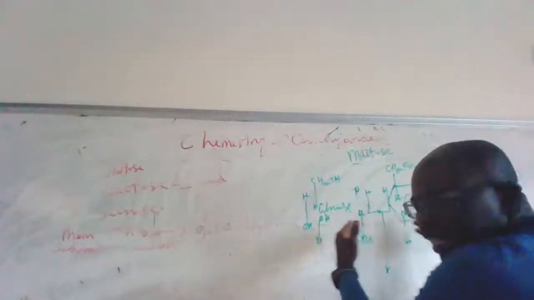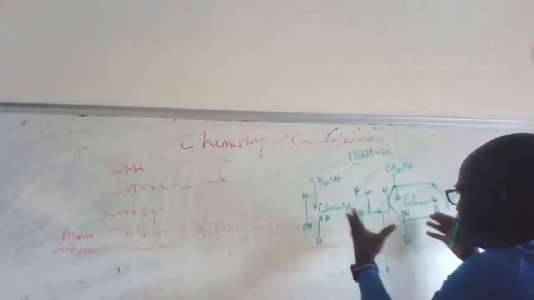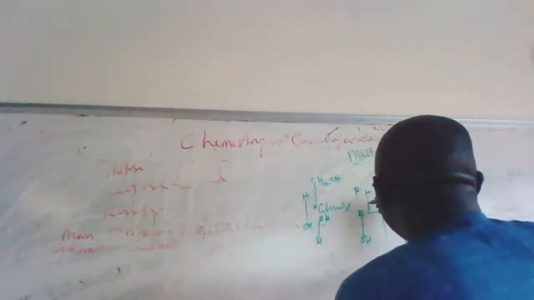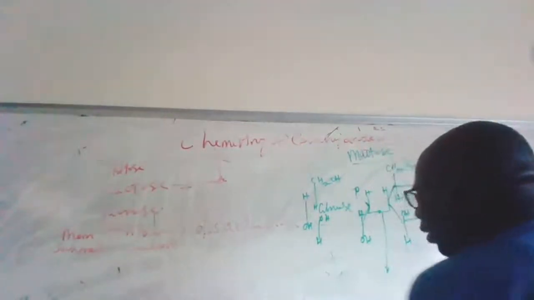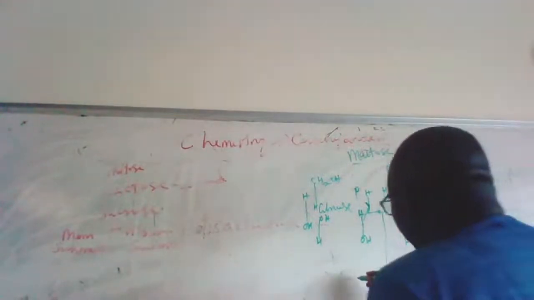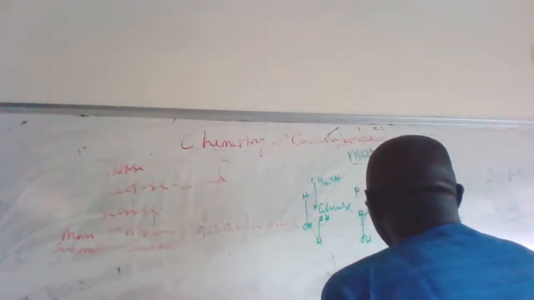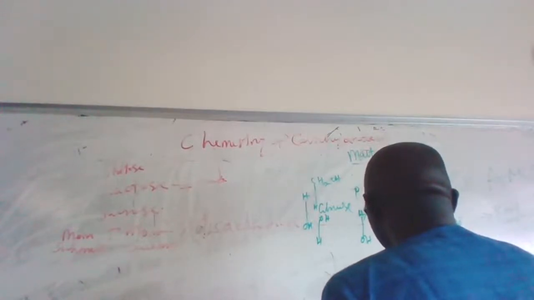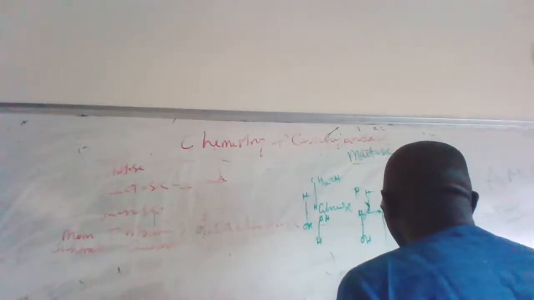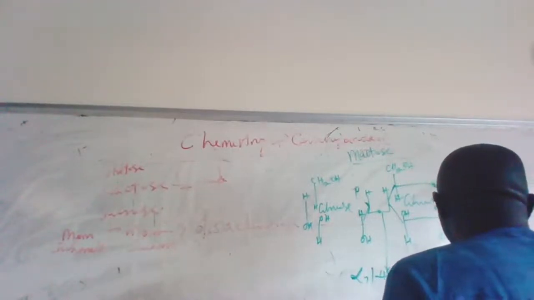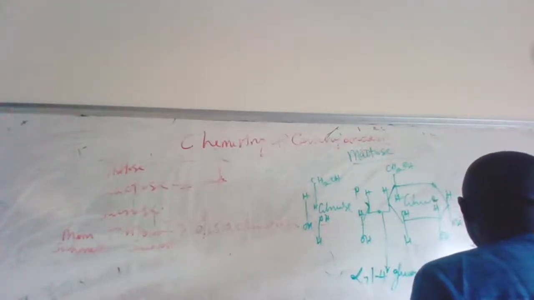This is a bond linking these two molecules of glucose together. Because of this glycosidic linkage, for maltose, this is referred to as an alpha 1,4 glycosidic linkage.